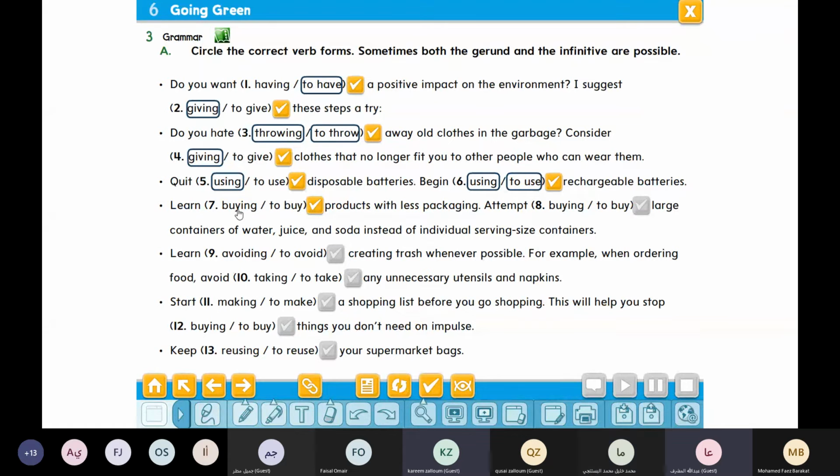Yes, infinitive. Products must be followed by the full infinitive with less packaging. Attempt also to buy large containers of water, juice, and soda instead of individual serving size containers. Learn. The same.